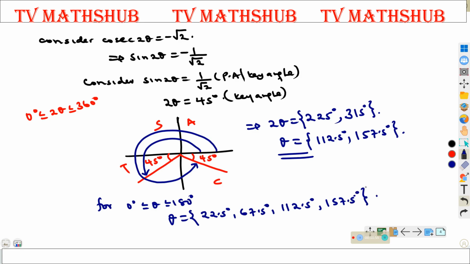So that is basically what we shall get as the values for theta.